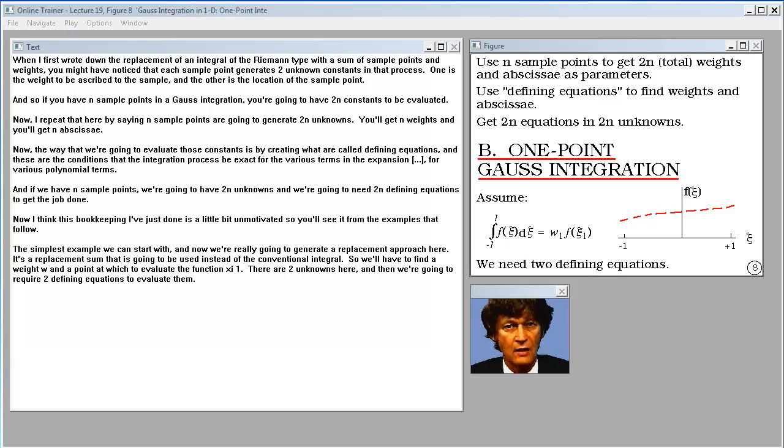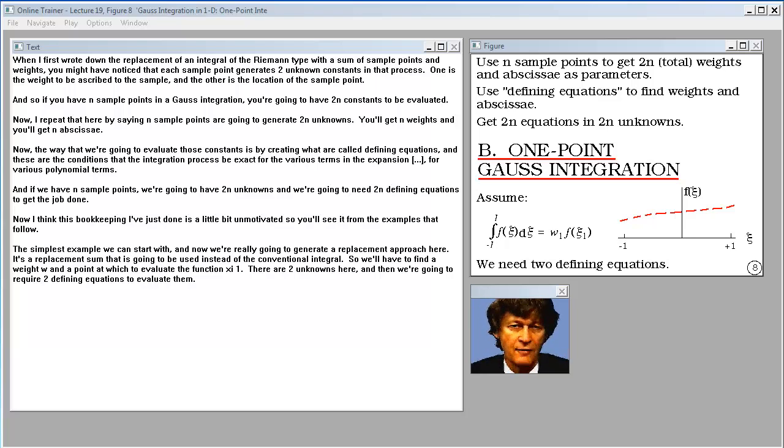When I first wrote down the replacement of an integral of the Riemann type with a sum of sample points and weights, you might have noticed that each sample point generates two unknown constants in that process. One is the weight to be ascribed to the sample, and the other is the location of the sample point.